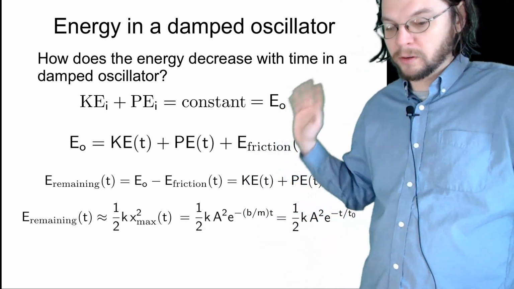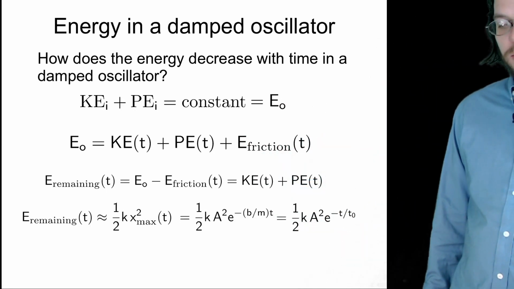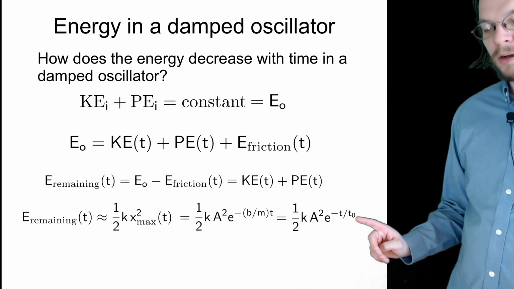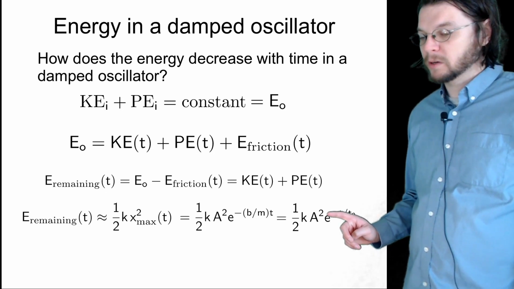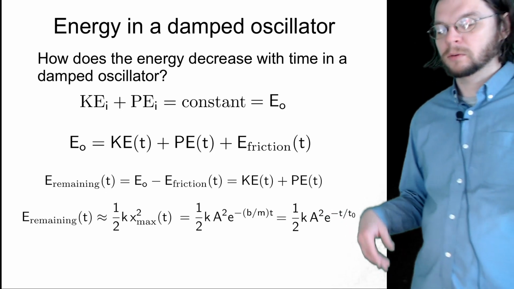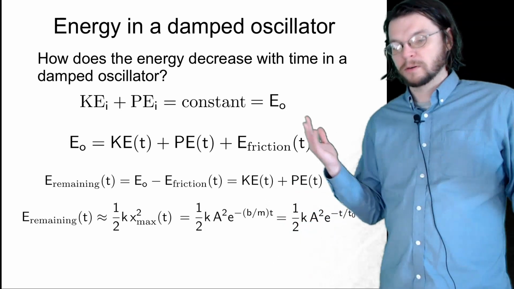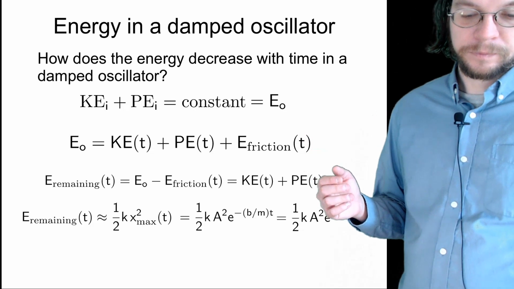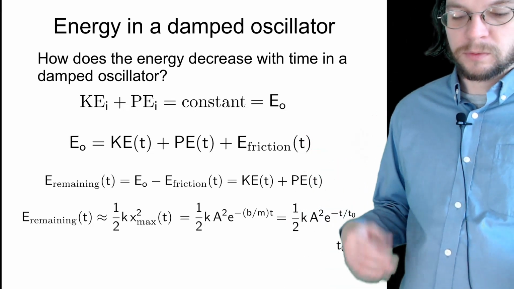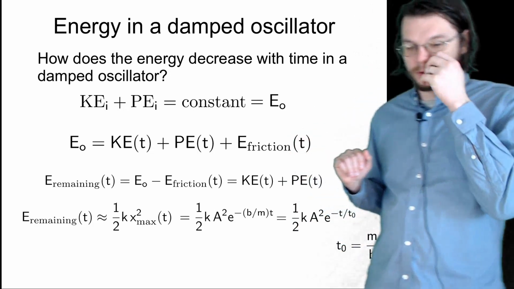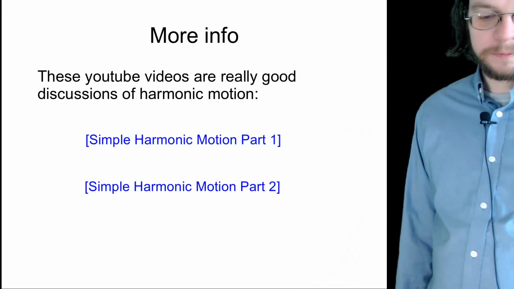You don't know either one of them, but you might know what the ratio is, because you can figure out this t0. So this is often a convenient way to do these problems, because a lot of the time they're going to ask, how many oscillations does it take for you to lose a certain amount of energy? So m over b. I hope this is helpful as you consider how to do those problems.